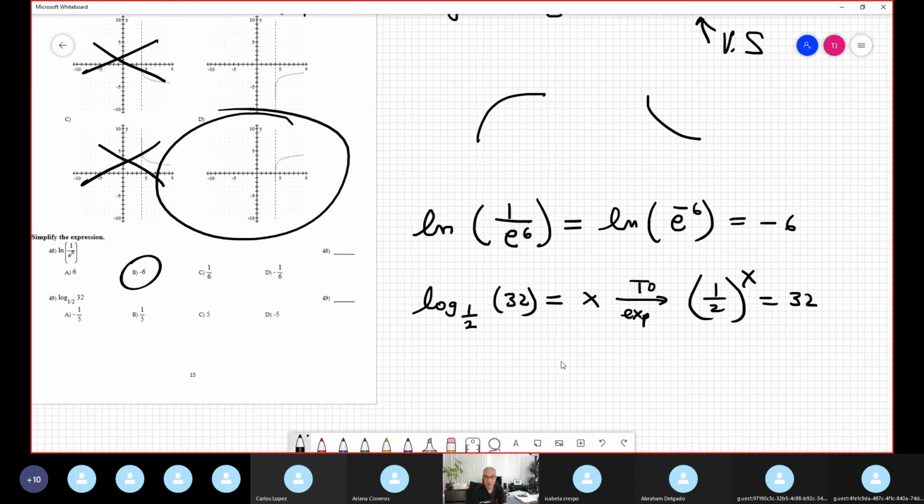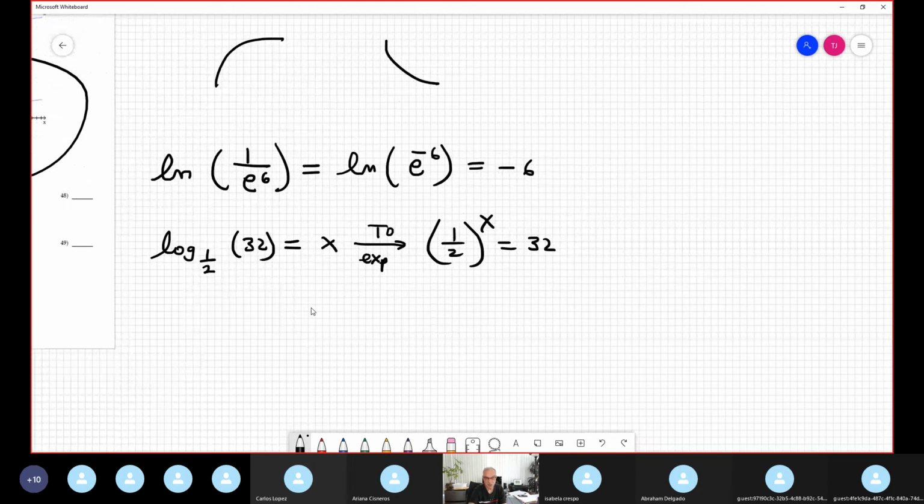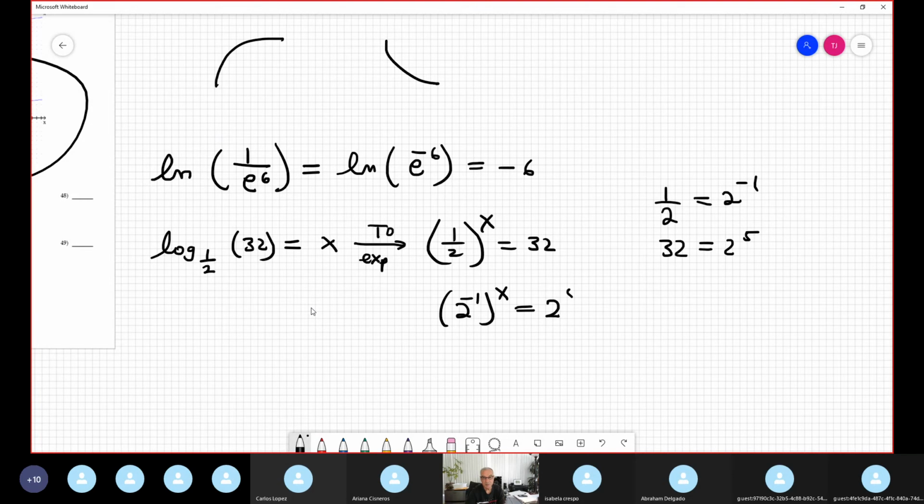Okay, now in that moment I switch my logarithmic problem to exponential problem, and this is relatively easy to find. How do you find? Well, I know that 1/2 is 2 to the negative 1, and 32 is 2 to the 5th power. Entonces 2 to the negative 1 raised to the x equal 2 to the 5th power.